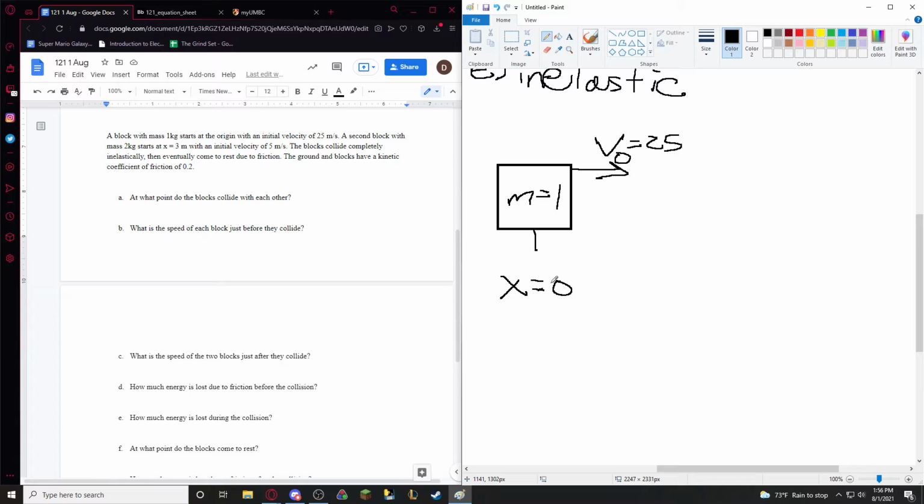We're going to have a second block with mass 2 kilograms, a nice big chunky block at x equals 3. We'll call it M1, and M2 is equal to 2 kilograms with an initial velocity of 5 meters per second.